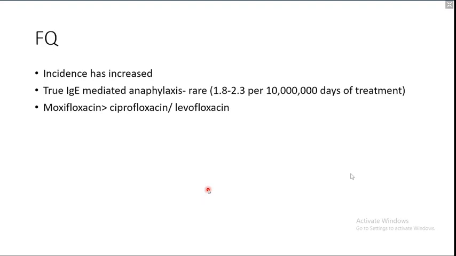Now, with fluoroquinolones, the incidence of reactions has increased because of the increased use of fluoroquinolones, but true IgE-mediated anaphylactic reactions are very rare. We have had several anaphylaxis cases with fluoroquinolones, but the true IgE-mediated reactions are rare.